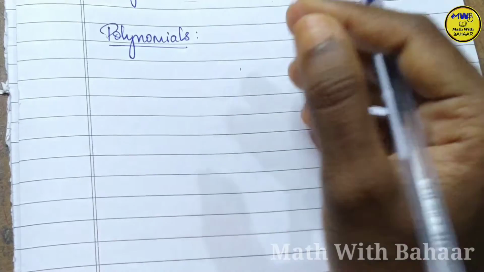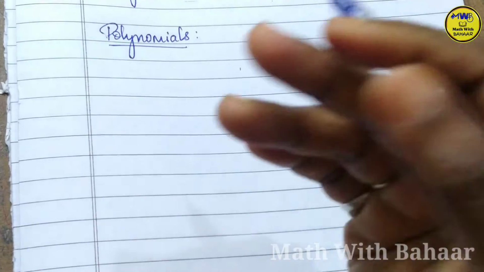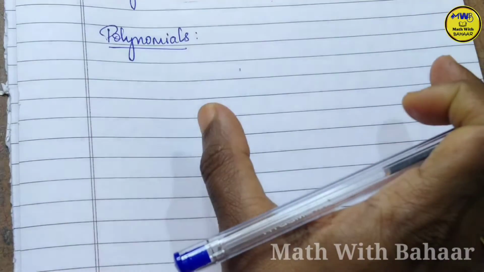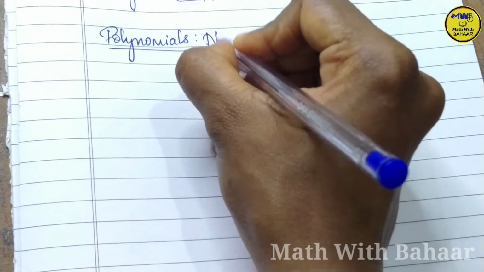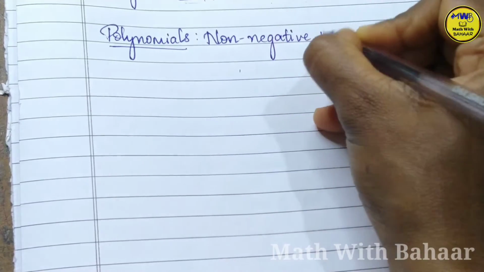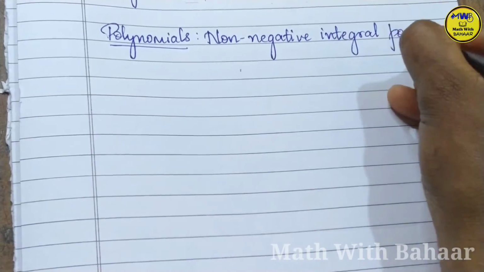Now let us understand our main topic, which is polynomials. A polynomial can be a monomial, a binomial, or a trinomial. But there is a condition for that. The condition is that it should have a non-negative integral power.